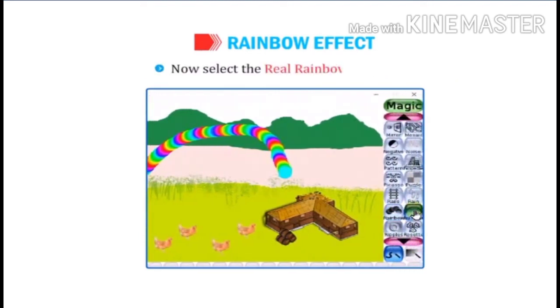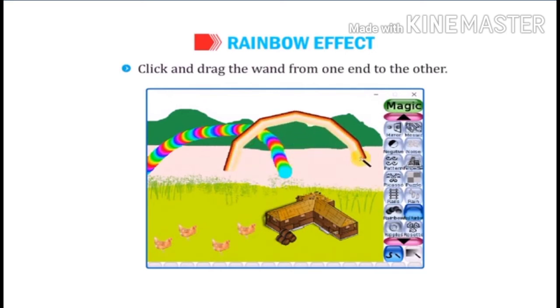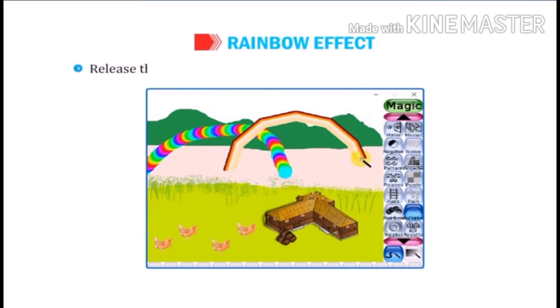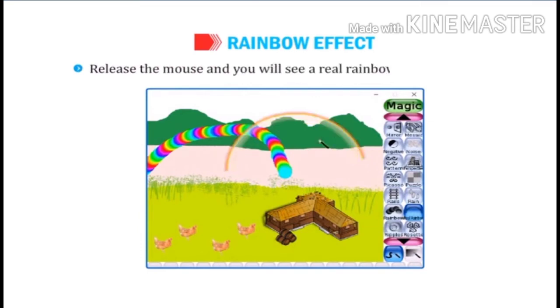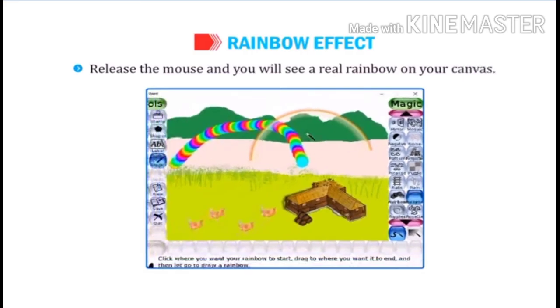Now select the real rainbow effect. Choose a single point on the drawing area. Click and drag the wand from one end to the other end. Release the mouse and you will see a real rainbow on your drawing.